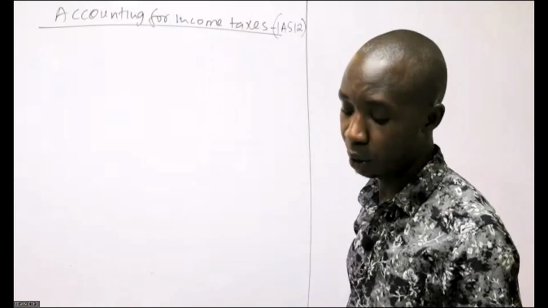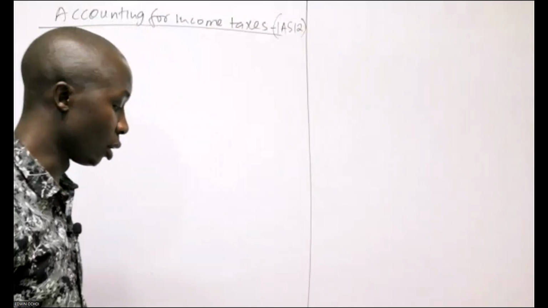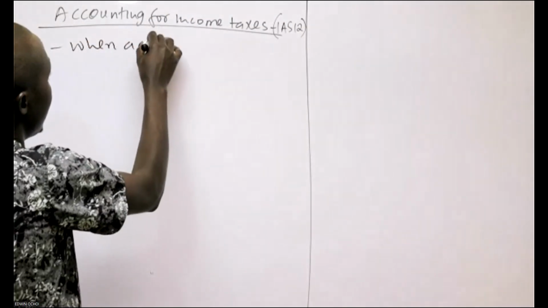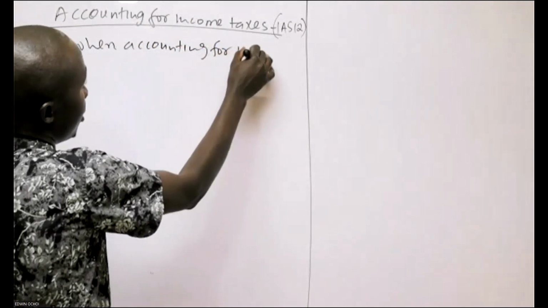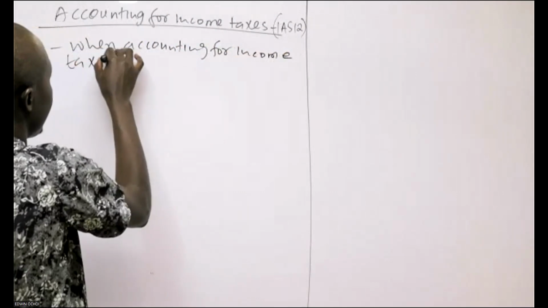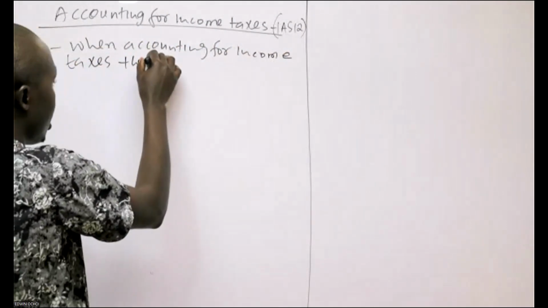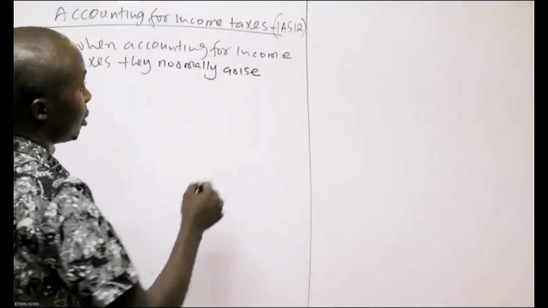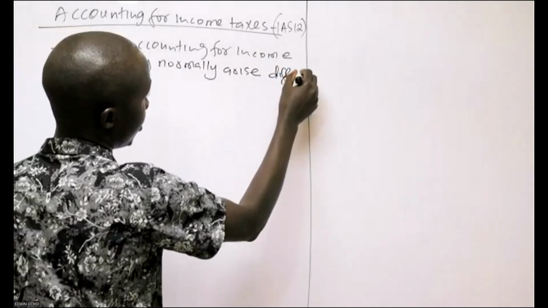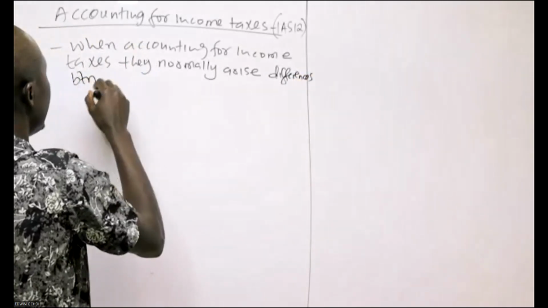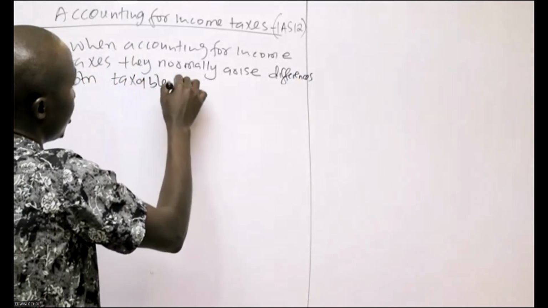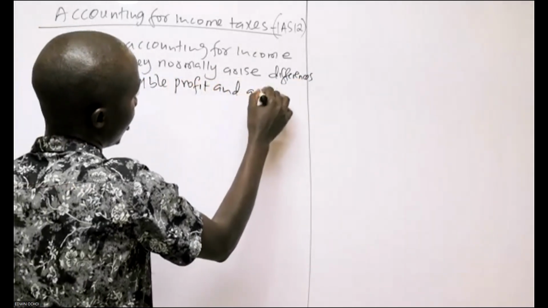Before we go to that route, we need to start with an introduction. When accounting for income taxes, there normally arise differences between taxable profit and accounting profit.